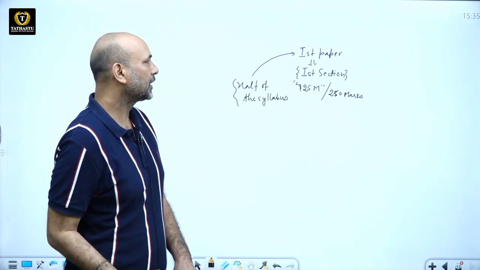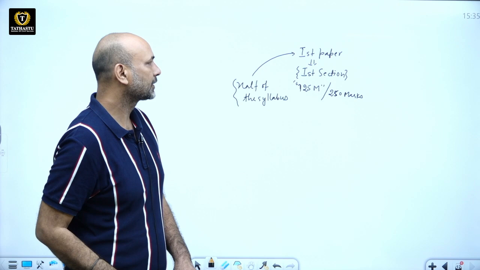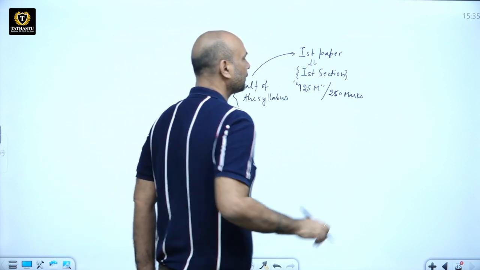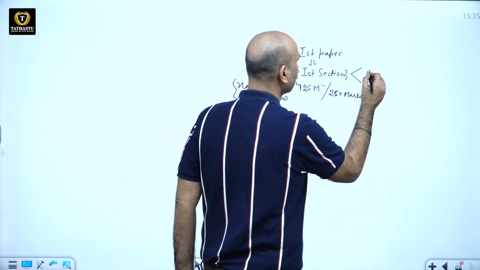And you know that the first paper is of 250 marks and the first section of the first paper is on physical geography.